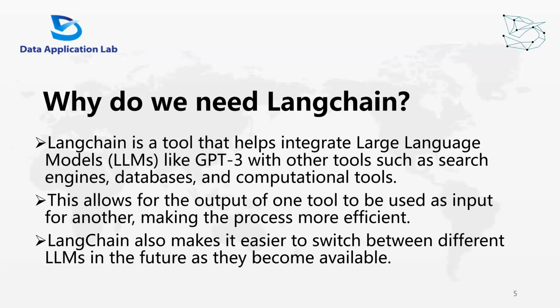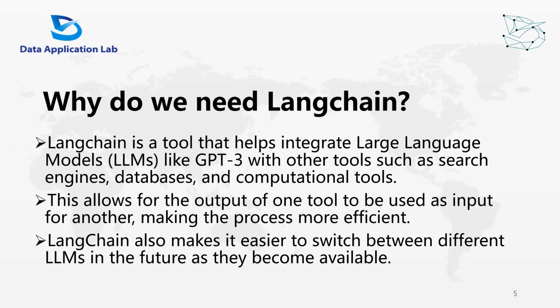So why do we need Langchain? Langchain helps us to integrate and communicate with large language models like GPT-3 and DALL-E, and it also has other tools like searching based on your data. It also has database functionality where we can connect our own data and connect it with a large language model.